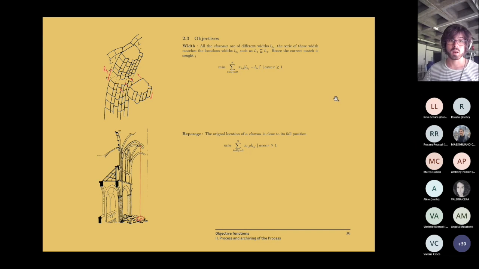There are some other objectives we might use. We have claveaux of different widths. We have locations of different widths. The goal in the anastylosis, logically, is to get the right claveau with the right width to the location with the right width. We have another objective we can formulate: the claveau is close to its fall position.